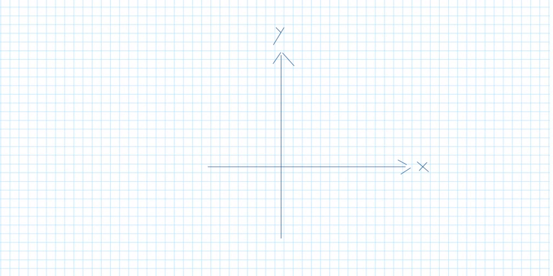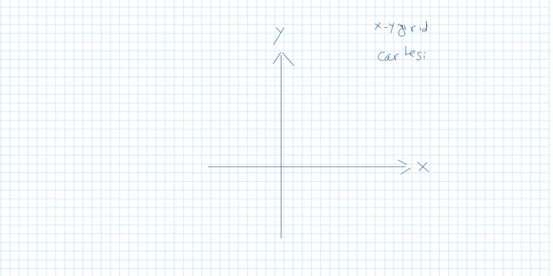This is the XY grid, or Cartesian plane. There are different names for it.